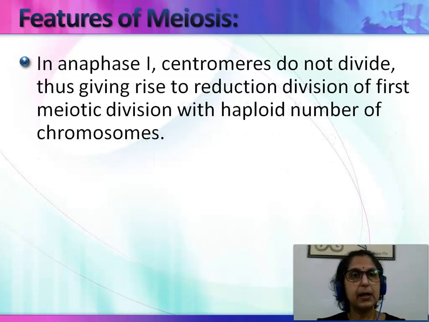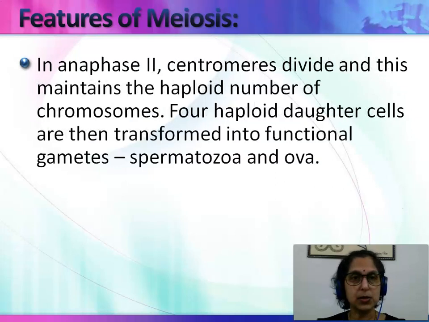In anaphase 1, centromeres do not divide, thus giving rise to reduction division of the first meiotic division with haploid number of chromosomes. In anaphase 2, centromeres divide and this maintains the haploid number of chromosomes. 4 haploid daughter cells are then transformed into functional gametes, that is either spermatozoa or ova.